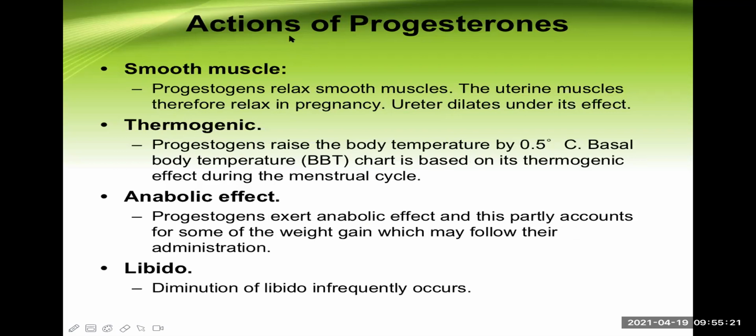Now, what is the action of progesterone on smooth muscle in other parts of the body? Progesterone relaxes the smooth muscle. Uterine muscles are already relaxed by progesterone. We talked about that, but they also relax the GI tract and even the ureter. As a result of that, constipation is very common during pregnancy because of the relaxation of the GI tract, especially the colon.